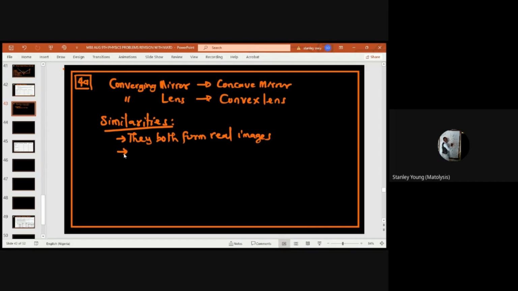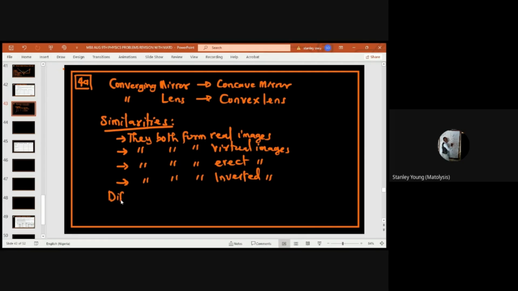They can also both form virtual images. They can both form erect images. They can also both form inverted images. So these are their similarities. You just have to write any two of that.